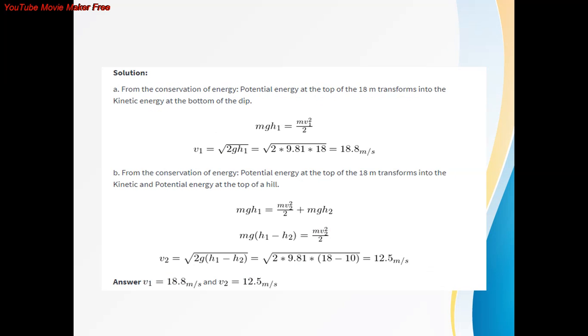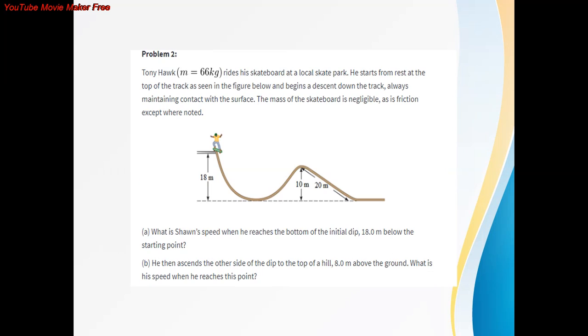When the person again ascends from this point to this point, first there was potential energy, and when he reaches this, there will be potential energy as well as kinetic energy both.